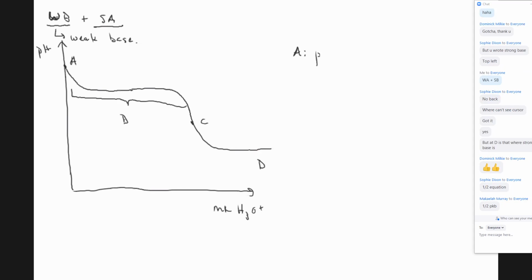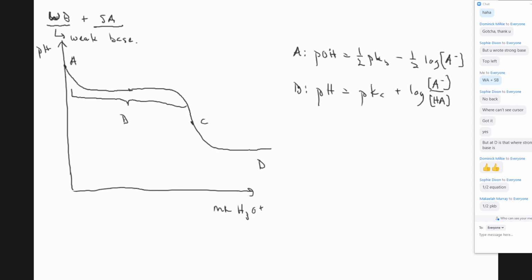Yep, so pOH is equal to 1/2 pKb minus 1/2 log of your weak base. Then for this whole region at B, we have a buffer again, right? So we're going to use our good old friend, the Henderson-Hasselbalch equation. Conjugate base over acid, or base over acid. Still looking at the same thing.